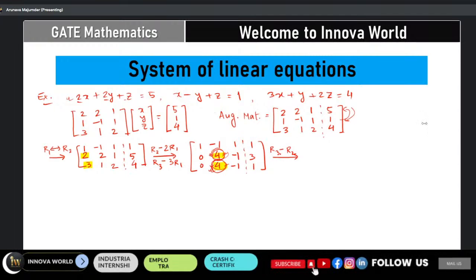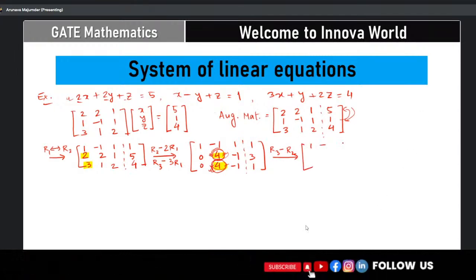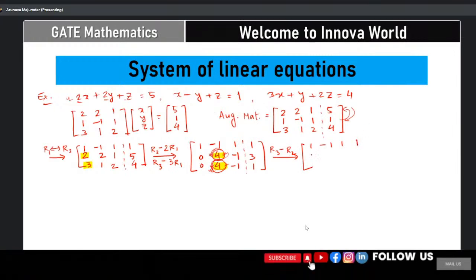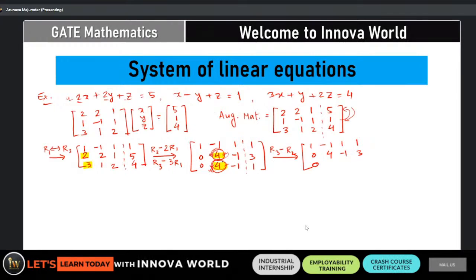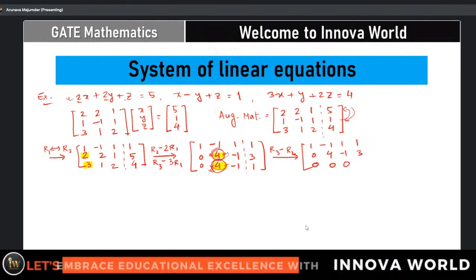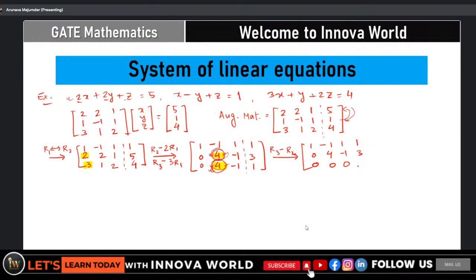Simply we can use the R3 minus R2 operation. So it is 1, minus 1, 1, 1, so 0, 4, minus 1, 3. Now the third row: this becomes 0, and this also becomes 0 here, because 1 plus 1, and this one is 1 minus 3, so it becomes minus 2.